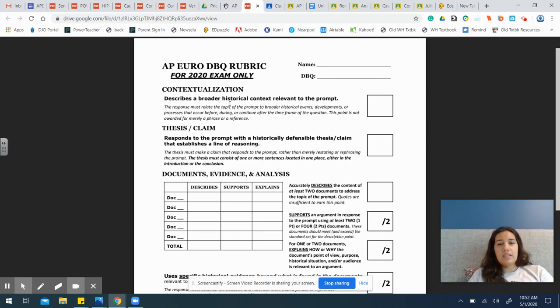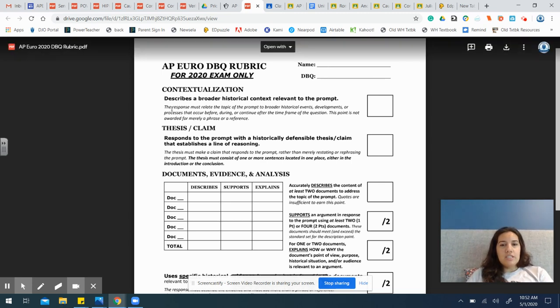And then the last sentence will be your thesis statement, so it gets more specific as you go on in your introductory paragraph. Then your body paragraphs will really focus on supporting that thesis statement using the documents in several different ways, which we'll go over in just a second.